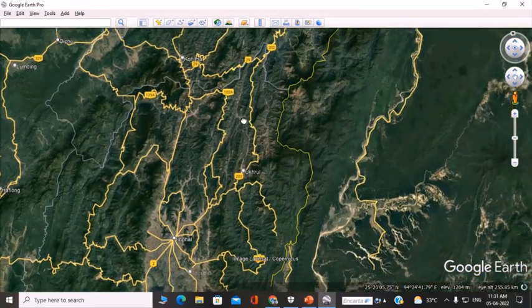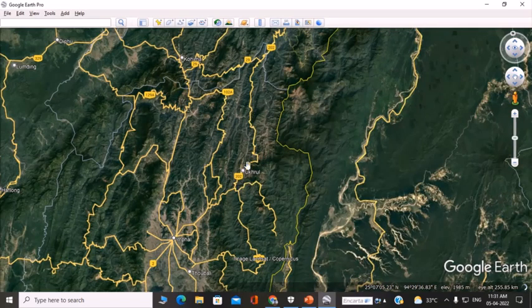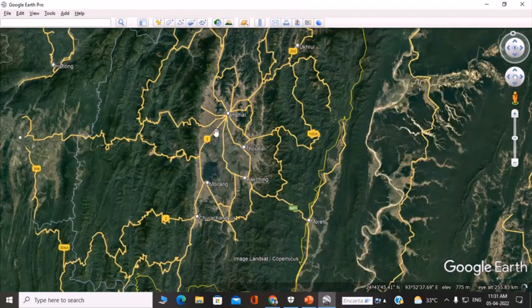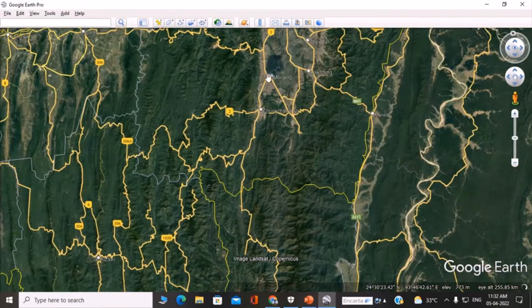Yes, if we observe this particular highway number 2, it is starting from the Imphal area, and you observe the direction in which it is moving. This particular Churachandpur area, it is going like this. This is highway number 2 going downwards.